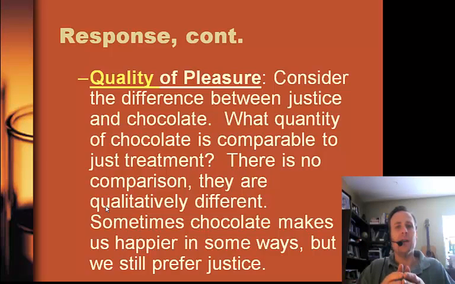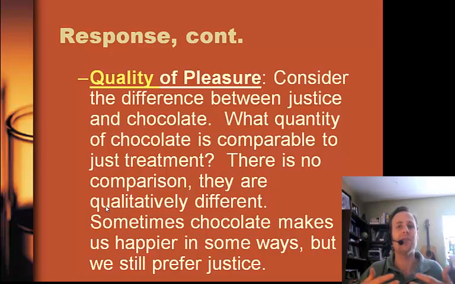And so one of the responses to the concern about how we're made happy is that maybe quantity isn't enough. Maybe it's not enough to say how much happiness, what number would you put on it, because not everything can be measured in terms of quantity. For instance, being treated fairly isn't quantifiable in comparison to an amount of chocolate, right?